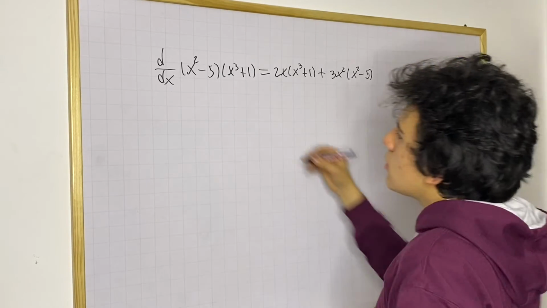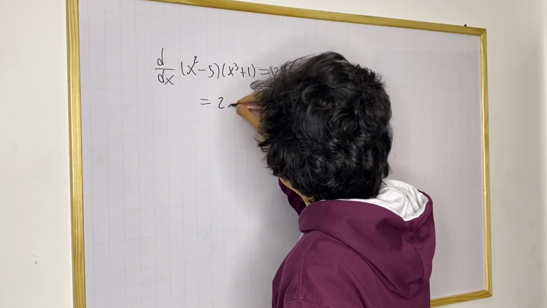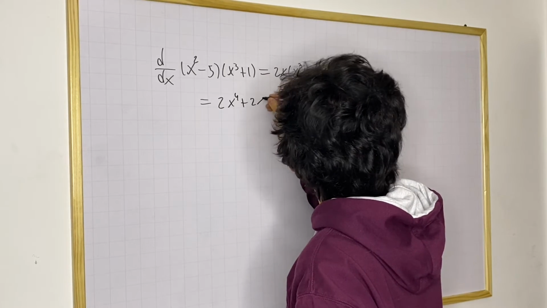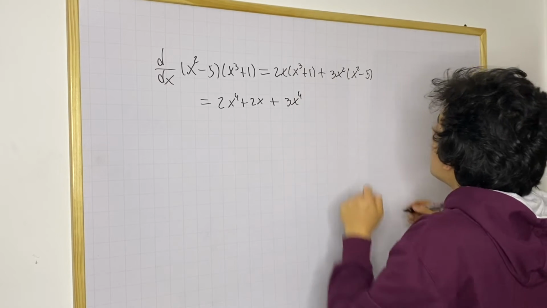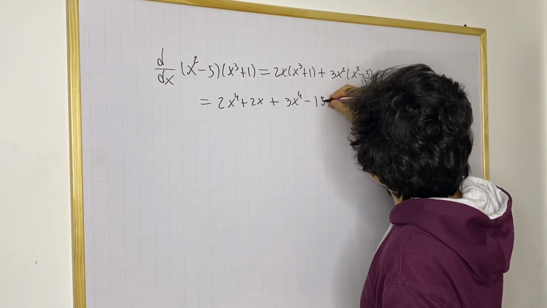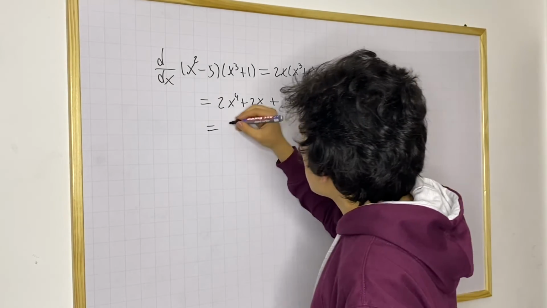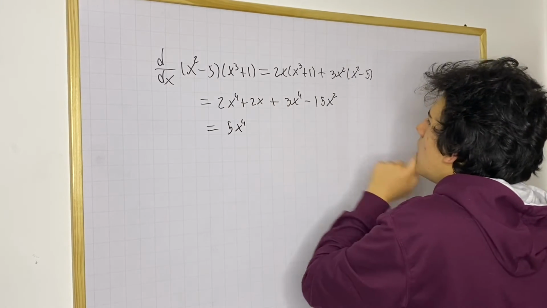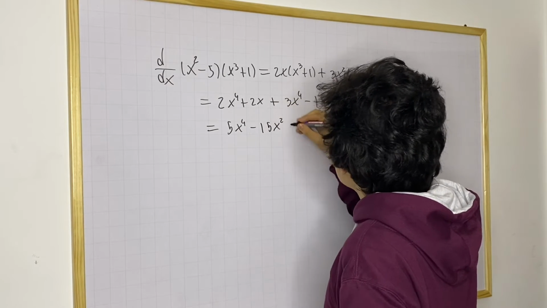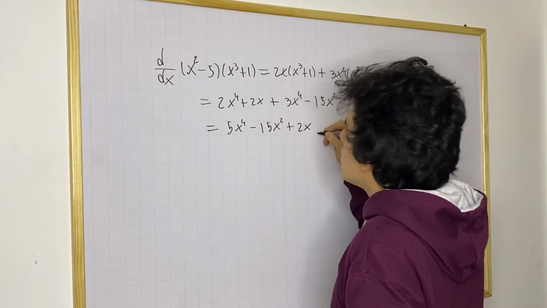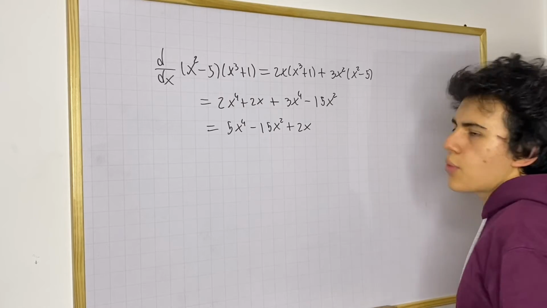Now you can just distribute. So you would get 2x to the fourth power plus 2x plus 3x to the fourth power minus 15x squared. Now this is just simply going to give us 5x to the fourth power minus 15x squared plus 2x. Those are unlike terms. This is the derivative that we are looking for.